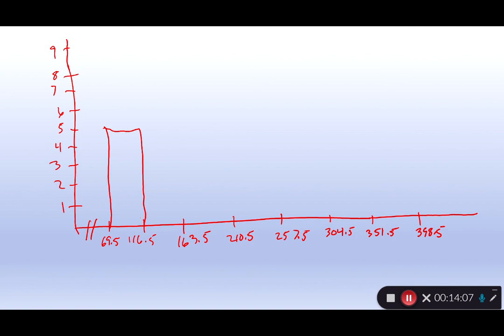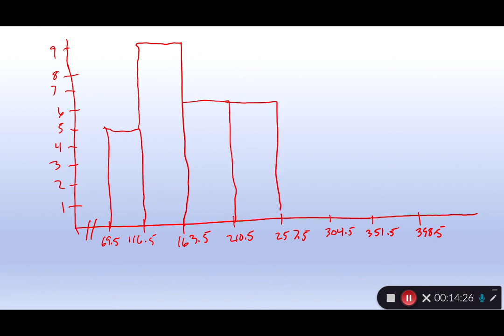And in my next class, I have 9. So I'm going to extend up to 9, go across and down. And in the next one, I had 6. So I'm going to extend across and down. In the next one, I had 6, extend across and down. In the next one, I had 0.